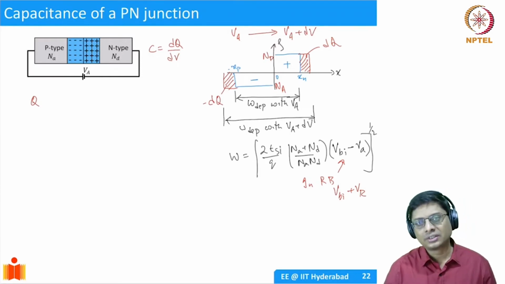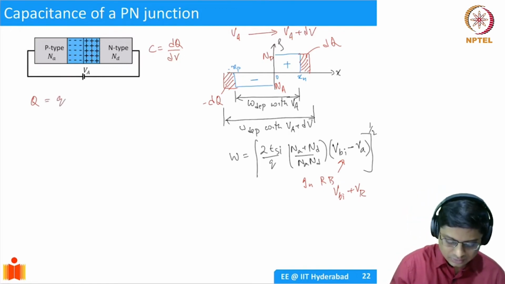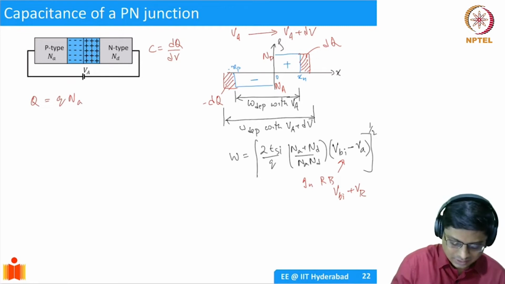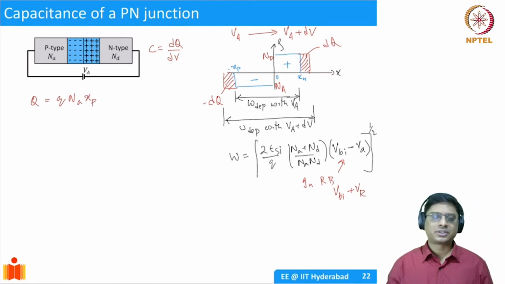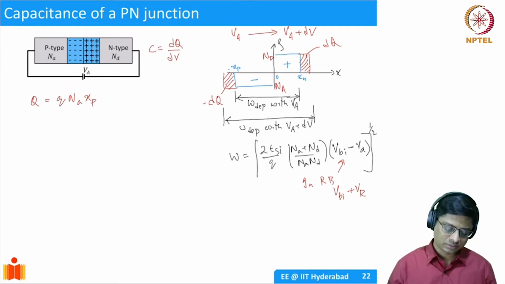What is a charge? The charge was simply Q times, let's take Na on the P side, XP, right? This was the total amount of charge because density was Na times the width will give you the per unit area, and then into Q, the charge.